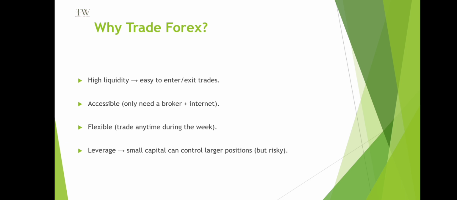We also have leverage, small capital that can control larger positions. This simply implies that with your small money, you are still very much privileged in this market, because we have something like leverage that your brokers provide you with, where you can actually trade with a small amount of money and you will still be able to open bigger positions, and these bigger positions can actually help you make more money.